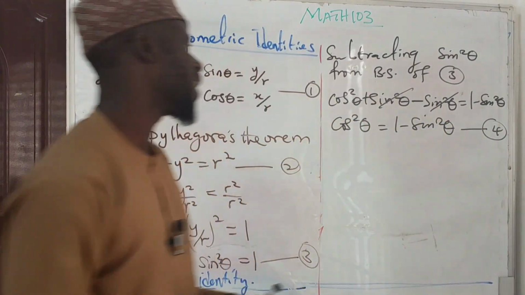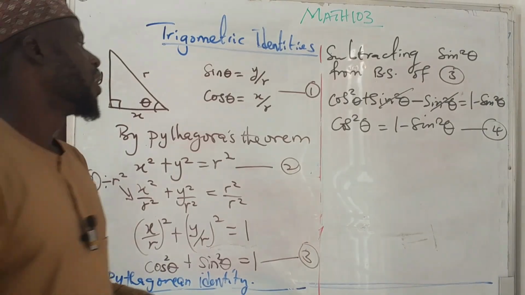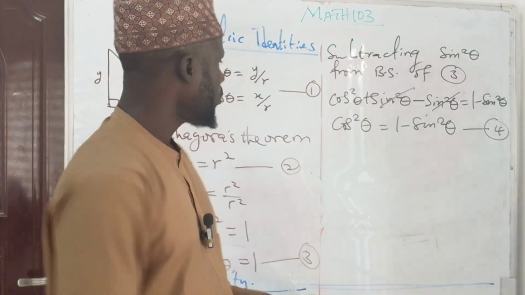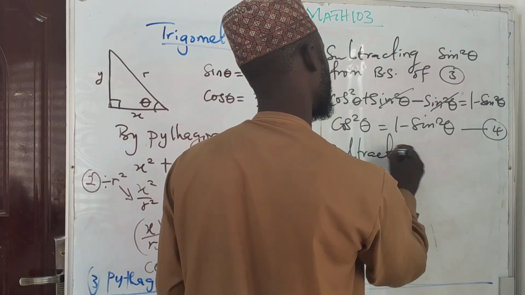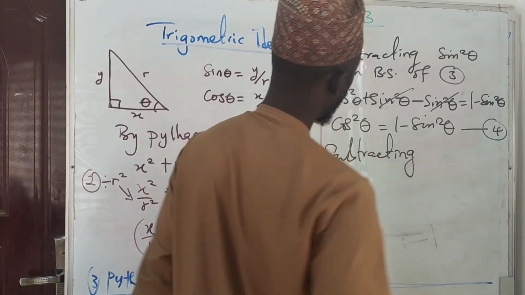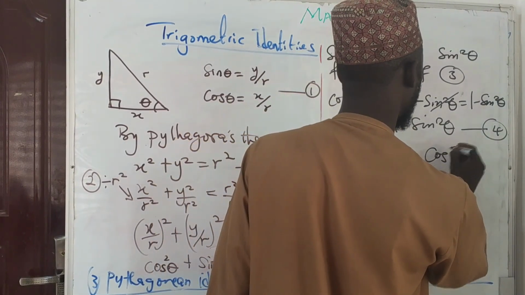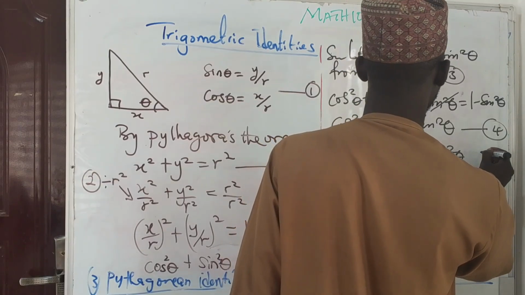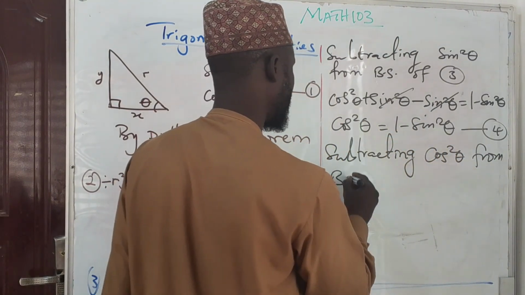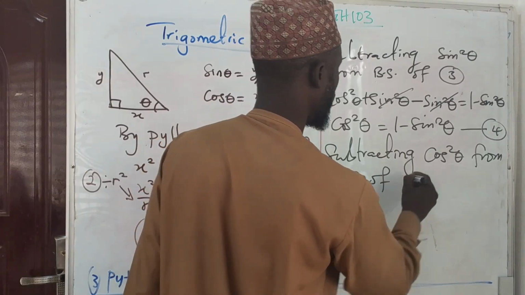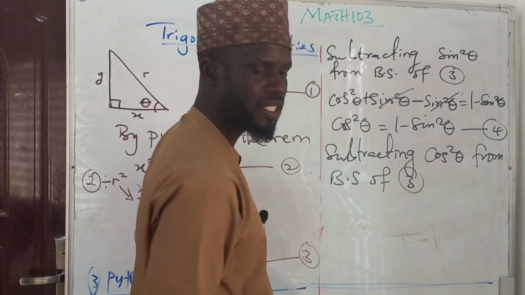Here is another identity. Again, subtracting cos squared theta from both sides of equation number 3, the reference equation.